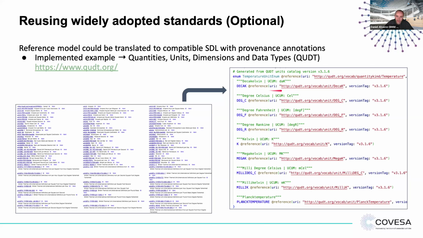So we are not reinventing that. We are using an existing model, and this model also offers conversion formulas, so you can compute different compatible units and then just do the translation in the implementation, right? So this is a very important point.